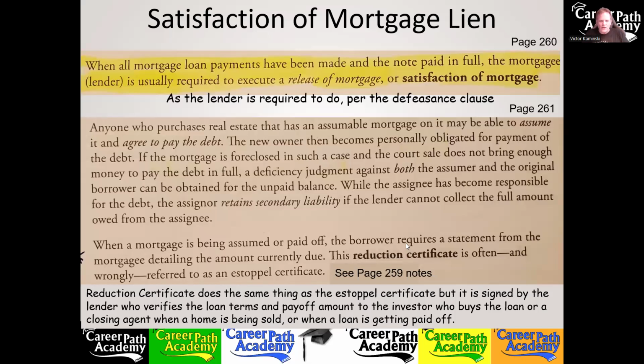Page 260. Oh wait, no, we already had that written in the notes. Did we, on the previous page? Yeah, no, it's the same thing as an estoppel, but signed by the lender. I had that in my notes that you could have snapped a picture of. Is there room to write this anywhere here? Page 260 or 261?